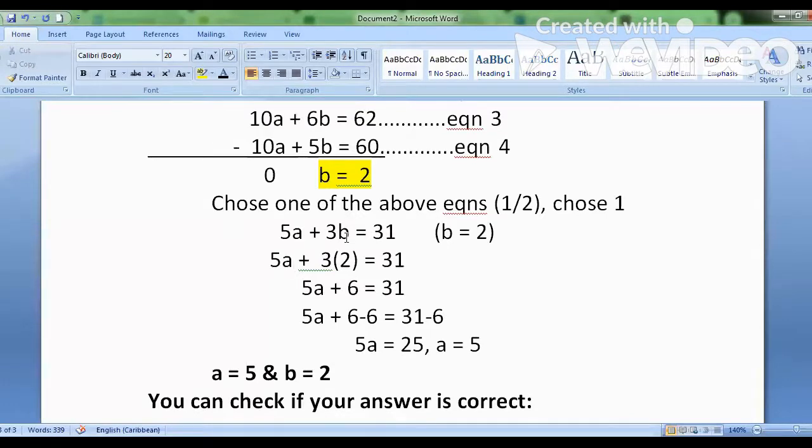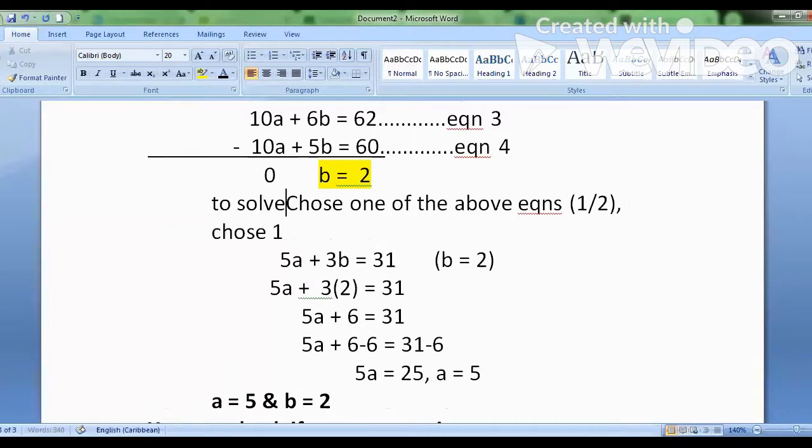Sir decided to use equation 1, 5A plus 3B. Now what we're going to do is substitute. Anywhere you see B, we put the number 2.